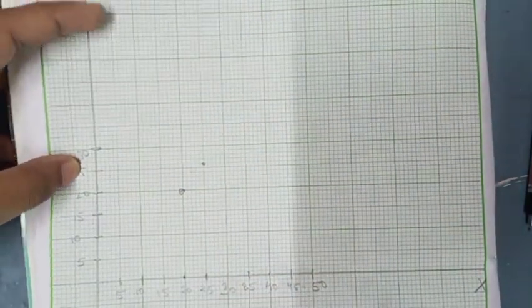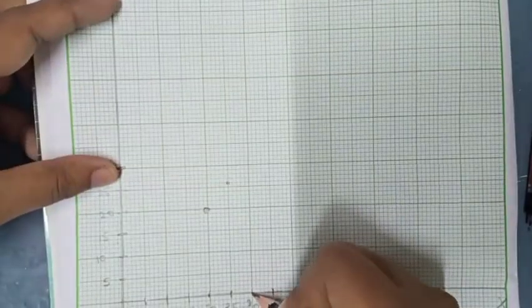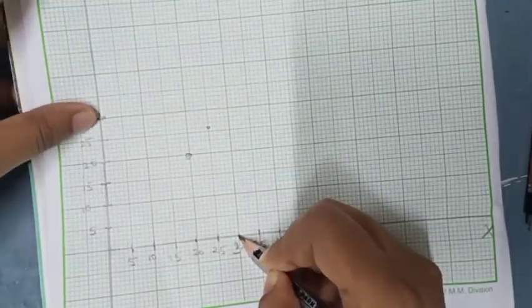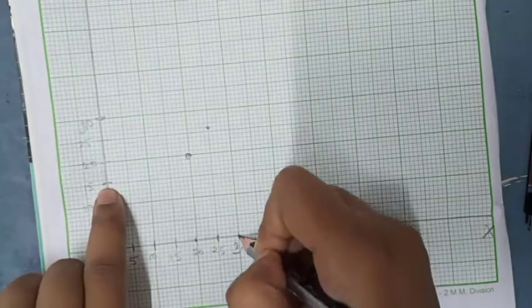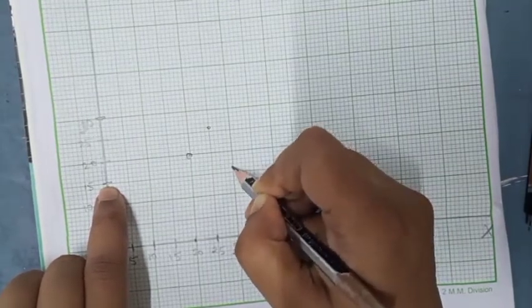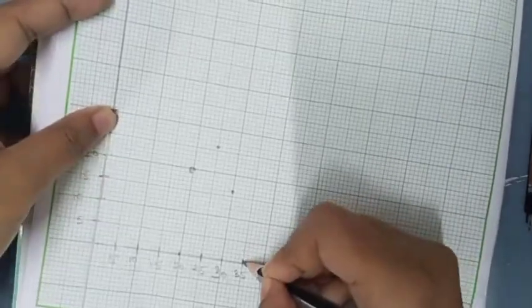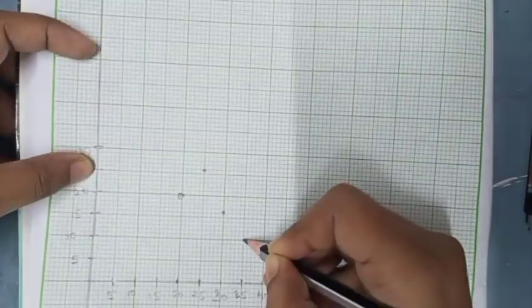Okay. Now after this 30 and 16. 30 is here. Can you see 30 is here and 16 above 15. So 15 is here, 16 is this much. Okay. Now 35 and 10. This one is 35 and 10 is here.